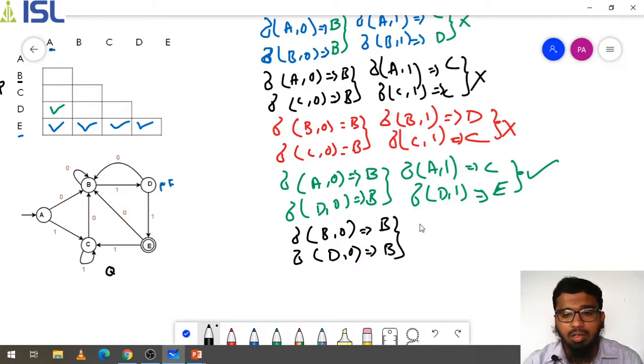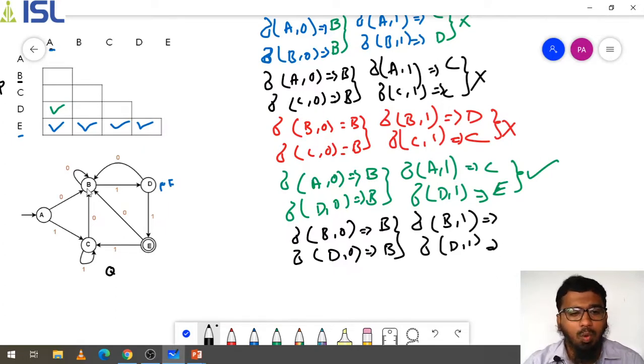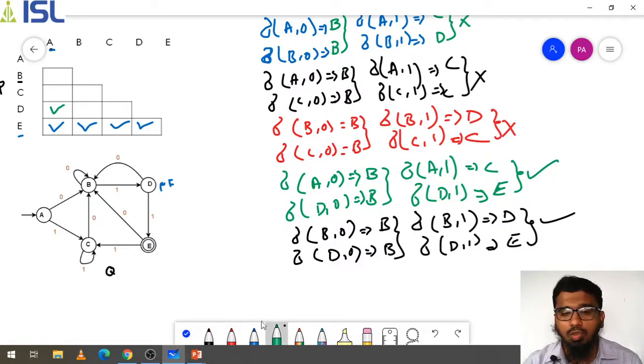Fine. Next delta, same thing, the string will be changed: B comma 1, delta D comma 1. So here B comma 1 is going to D and D comma 1 is going to E. So this is also accepted.